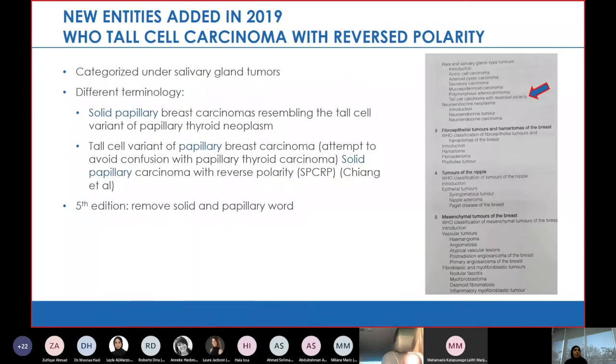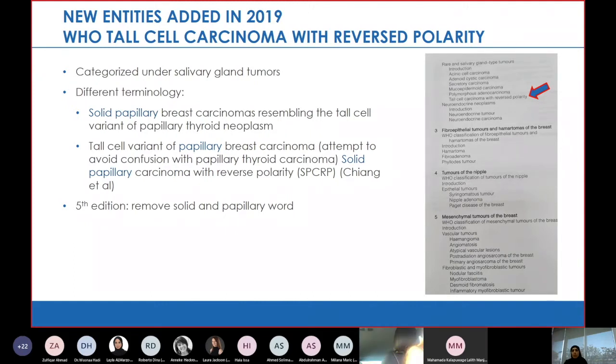A new entity added in the fifth edition is the tall cell carcinoma with reversed polarity, and this one is categorized under salivary gland type tumors. This is a very rare entity, and maybe up to 30 cases have been reported.